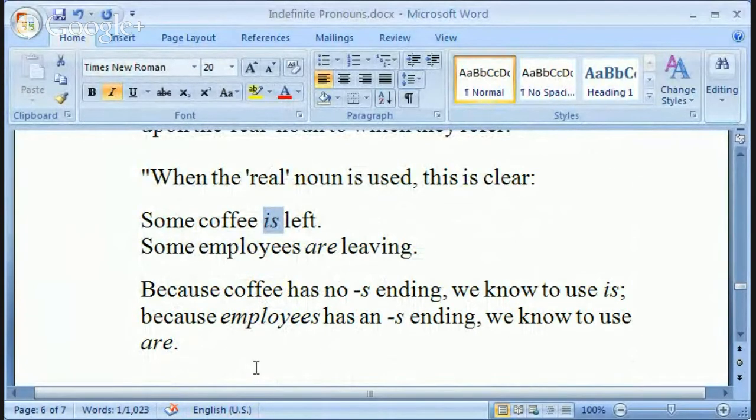And thank you for your immediate contribution to the class. You are correct. It has no S ending. It has no plural ending. Although I understand it is very common to hear at Starbucks, "I'll have 2 coffees to go." You hear many native English speakers say that.